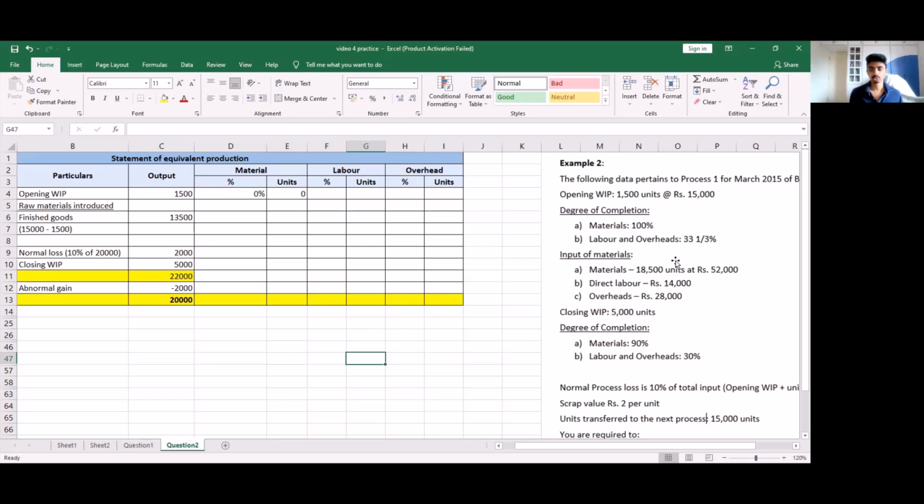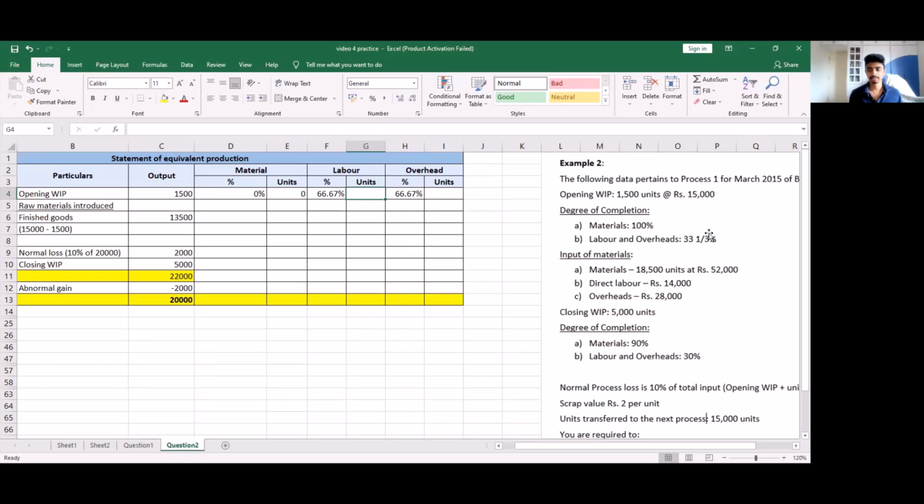This means 2/3 of the work is left, so I'm just going to write 2/3, which is nothing but 66.67%. And similarly for overheads, I'm going to again write 2/3. This is the work left for this year.